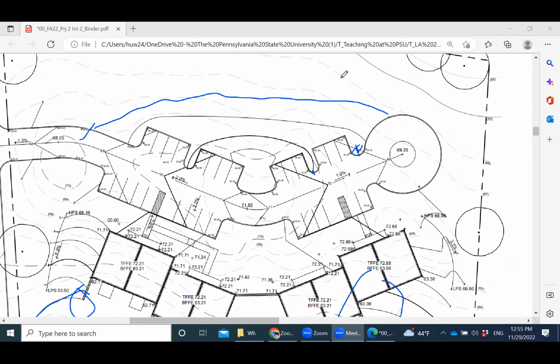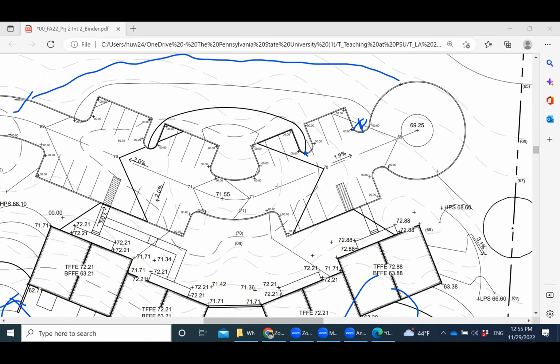Yeah. Let's see, let me just verify here. Should be correct. Okay. So let's take a look at these contours. That looks like a good location.